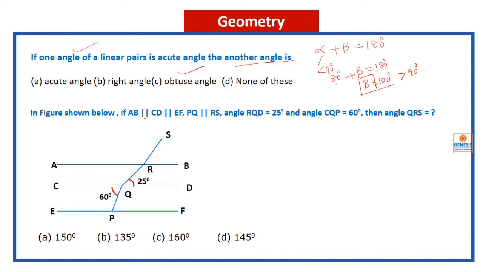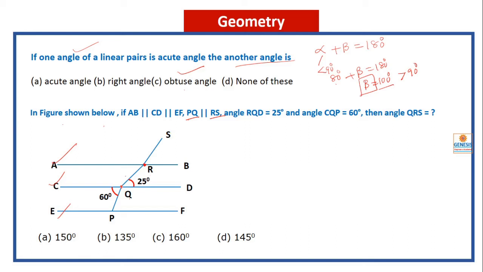In this figure, the next question, AB, CD and EF are parallel, right? PQ is parallel to RS. This is Q. There is a QR, but it is specifying parallel.